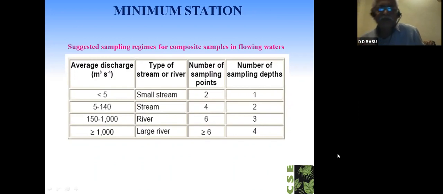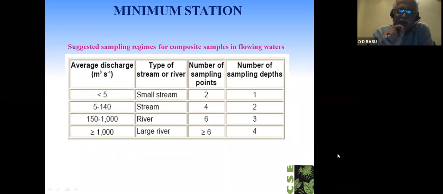Now, excuse me. If average discharge is less than 5 meter cube per second, then it is a small stream, the number of sampling points will be 2 and the number of sampling depths will be 1, only 1 meter. And for 5 to 140, then you can go for 2 sampling depths.